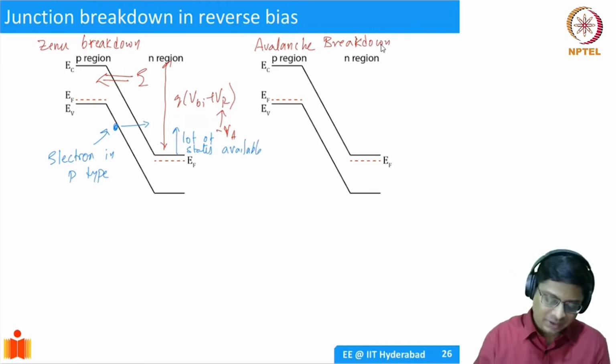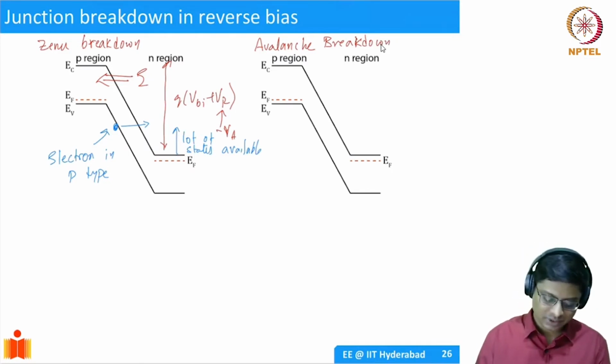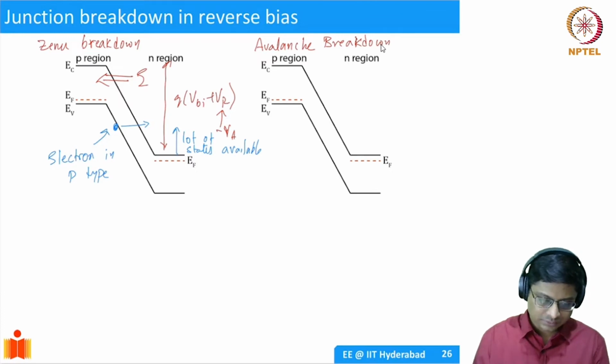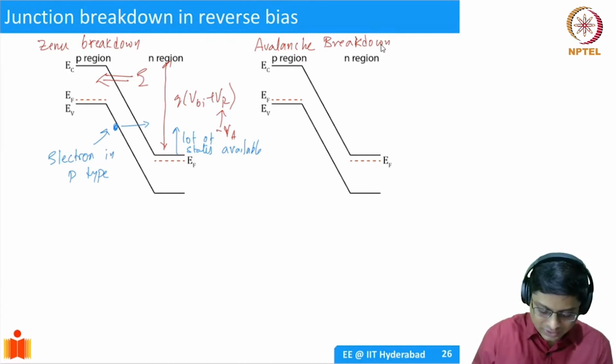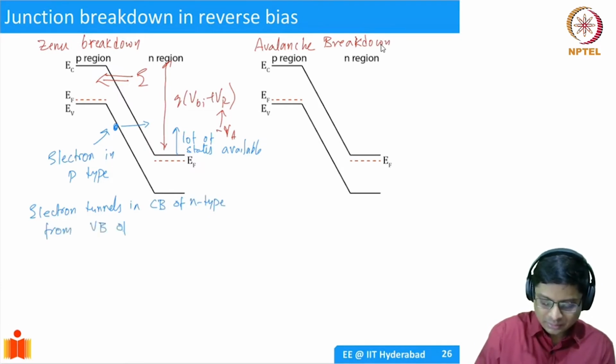So what's going to happen is your electron is going to go into the conduction band of the n-type. This process is called tunneling. So the electron tunnels into the CB of the n-type semiconductor from the valence band of the p-type.